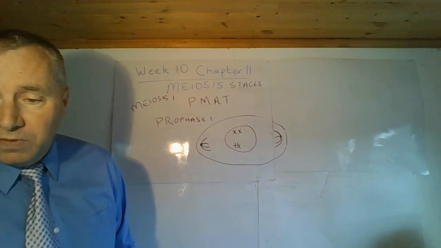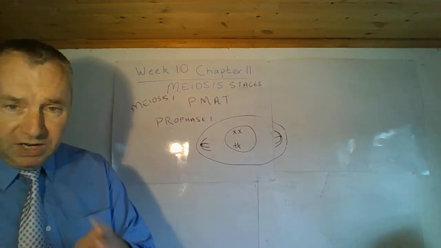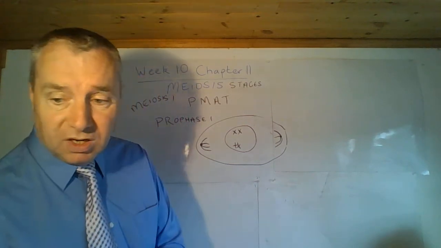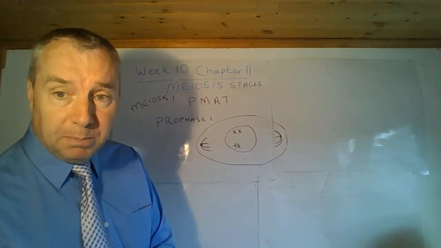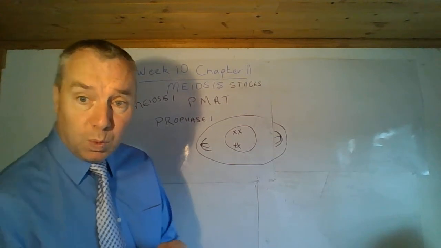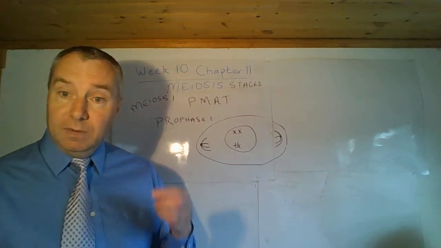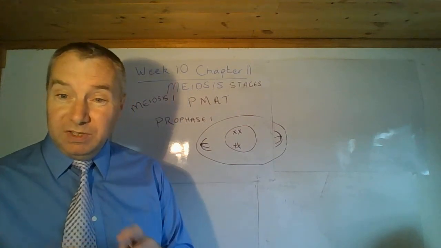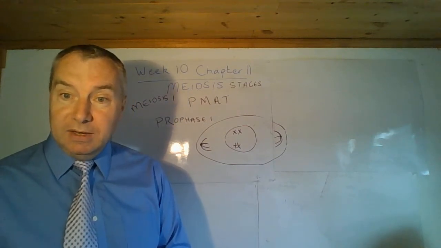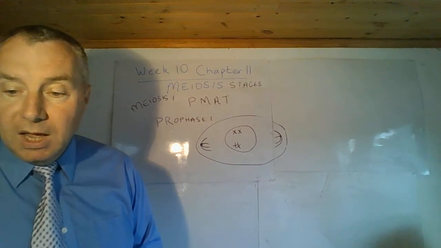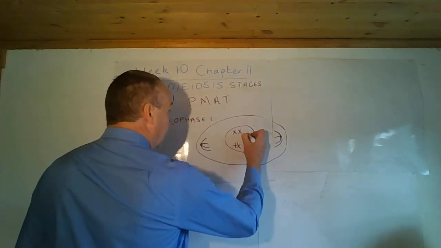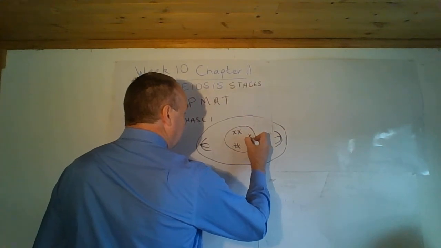One of the things that's very interesting about prophase 1 that we didn't see in mitosis is that we start to see homologous pairs of chromosomes. The word homologous means that each chromosome in that pair codes for very similar things, and they're similar in size. So we'll see homologous pairs begin to get together.